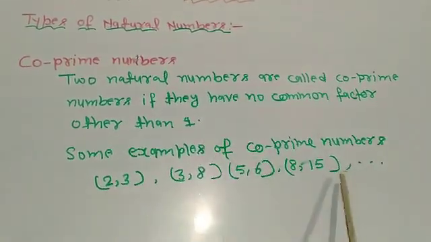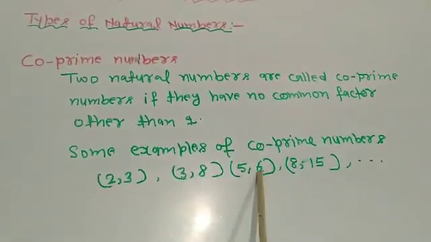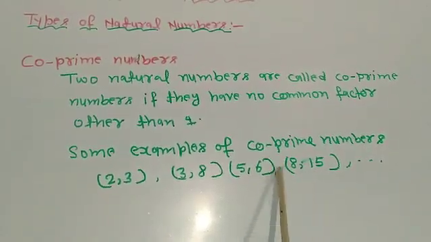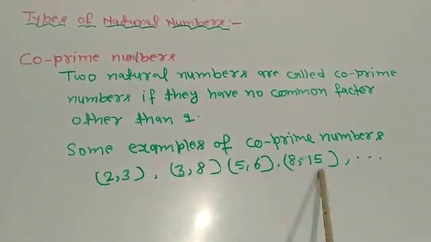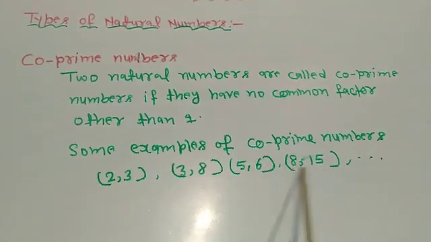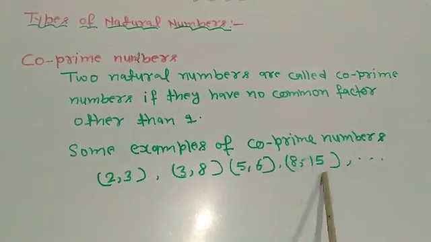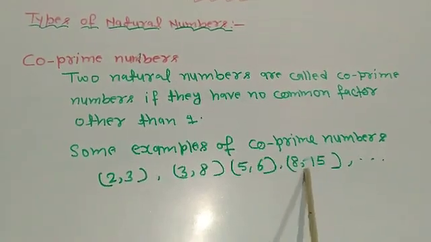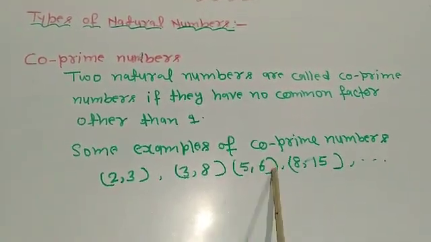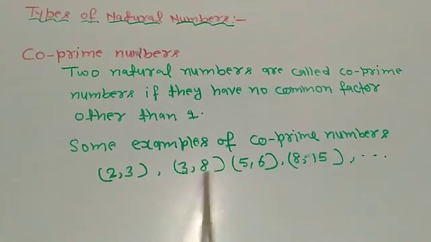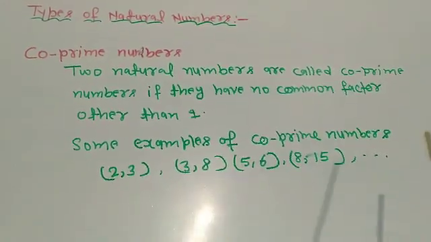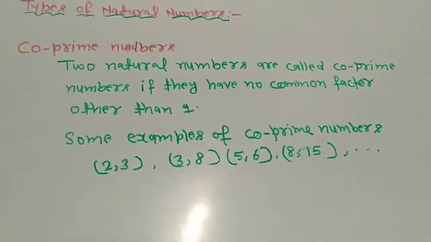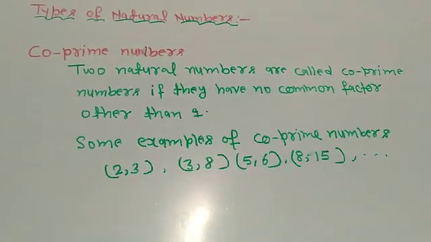So you can see here 8, 15; 5, 6; 6, 5; 15, 8. These are two natural numbers with nothing in common. 5, 6; 6, 5; 3, 8; 8, 3 have no common factor other than 1. So these are co-prime numbers.